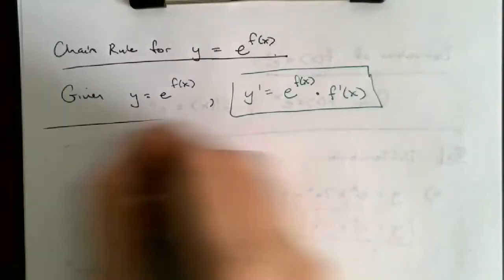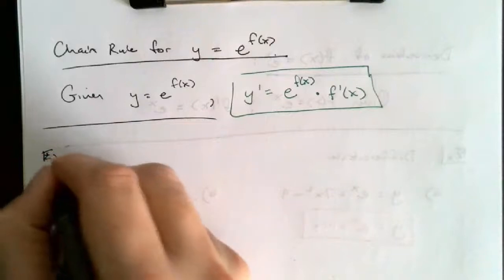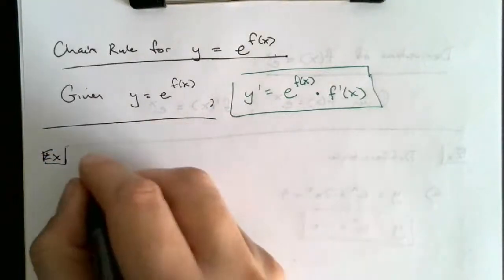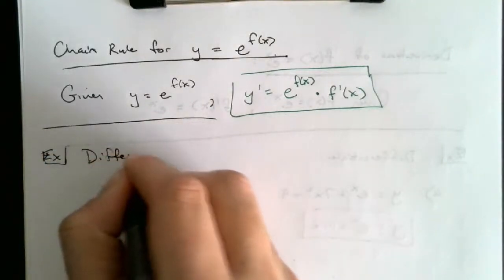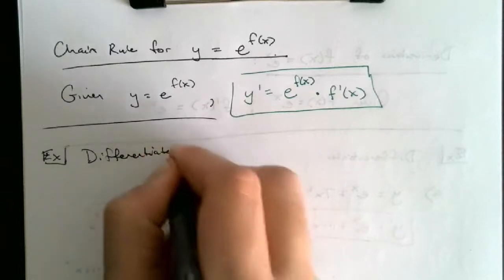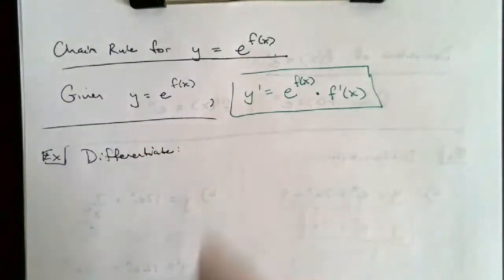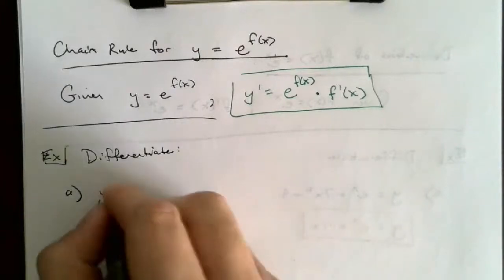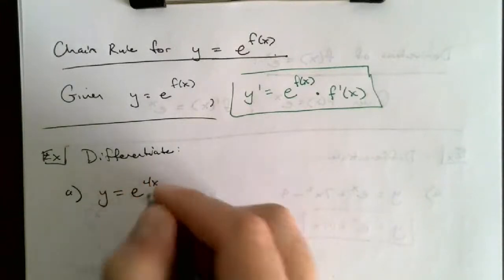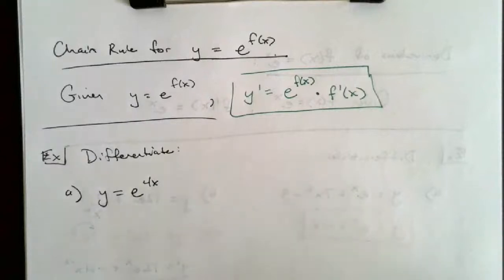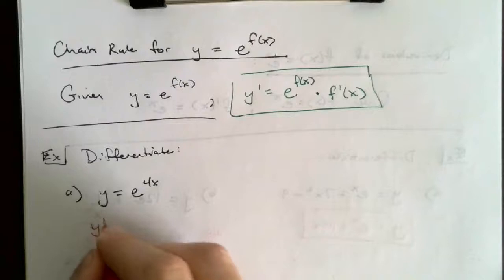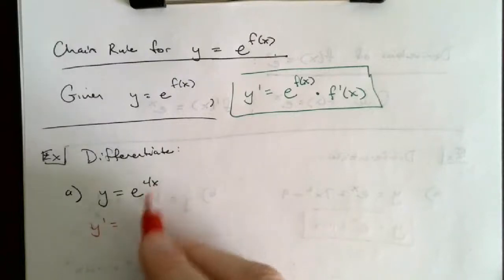So if we were to do some examples here, differentiate. First one I'll look at is y equals e to the 4x. So y prime, we have e to a power, it's a function.